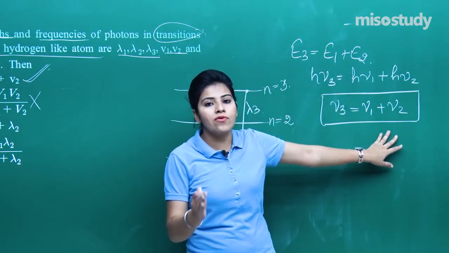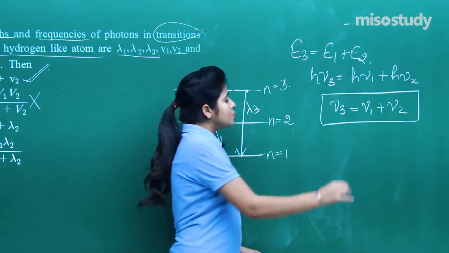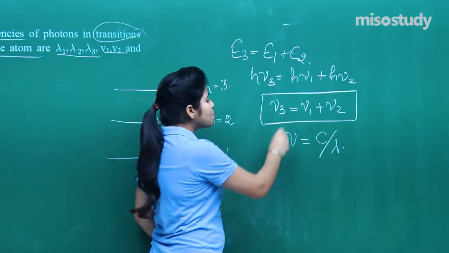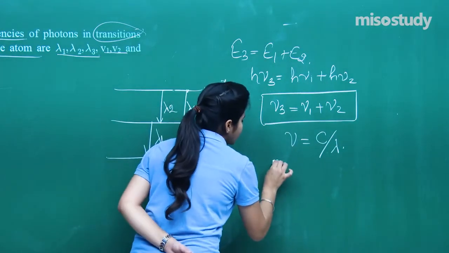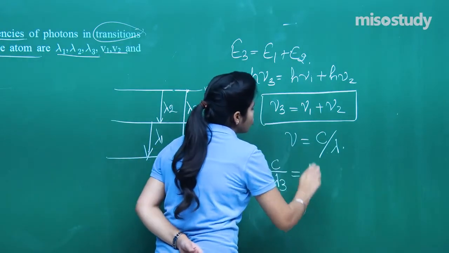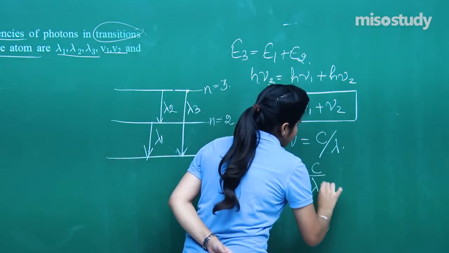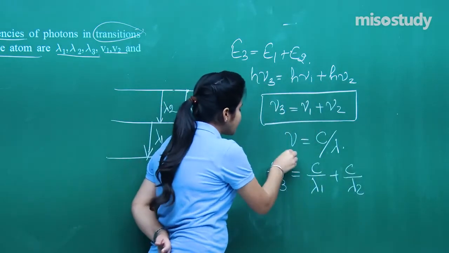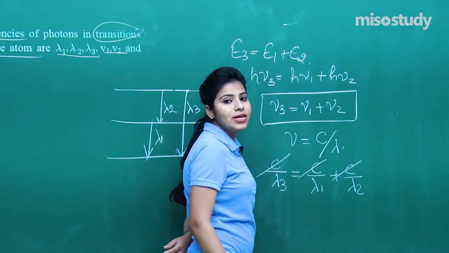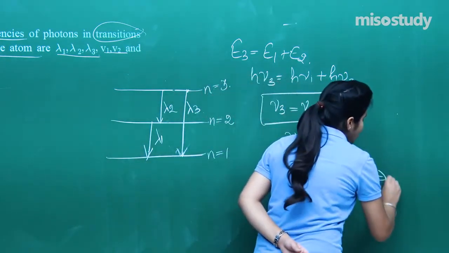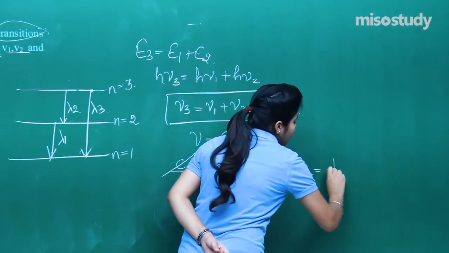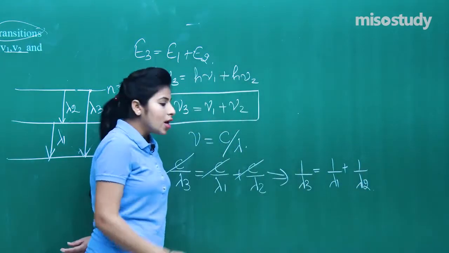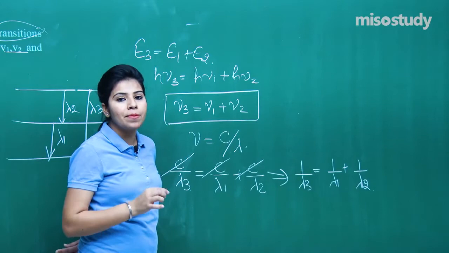Let us now check for the wavelength. We know that nu equals c by lambda. So just put this value into the equation. We will have c by lambda 3 equals c by lambda 1 plus c by lambda 2. If you take c as common, you cancel it out. Now you have 1 by lambda 3 equals 1 by lambda 1 plus 1 by lambda 2. This becomes a very simple equation.